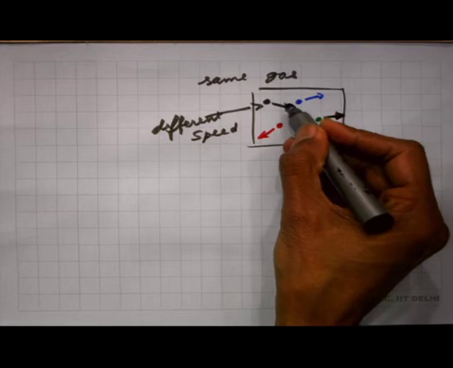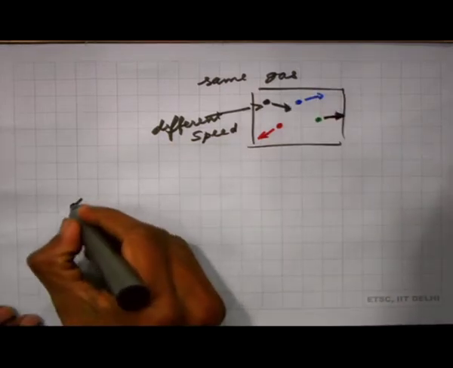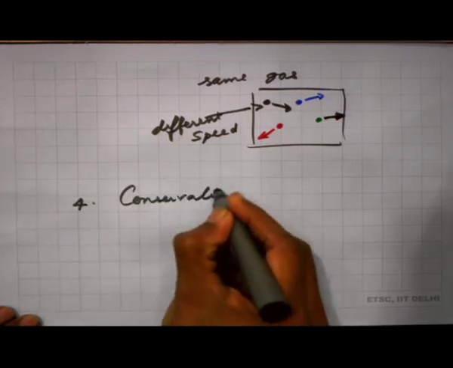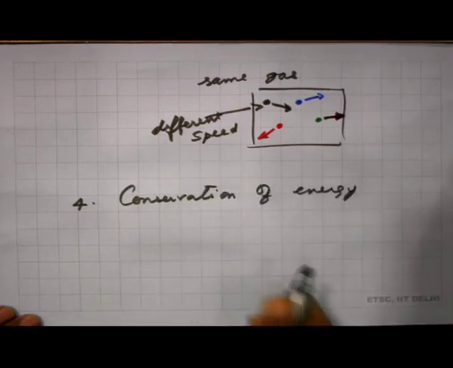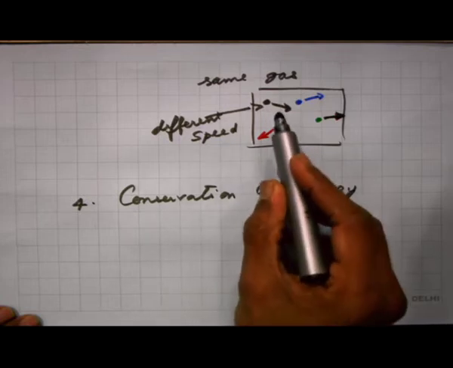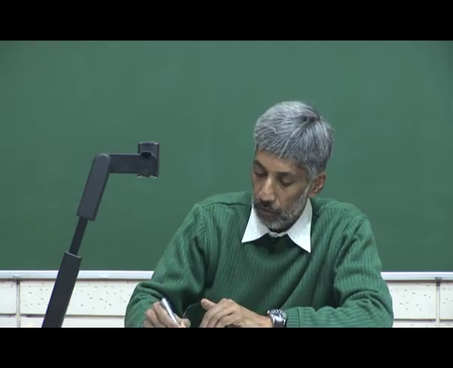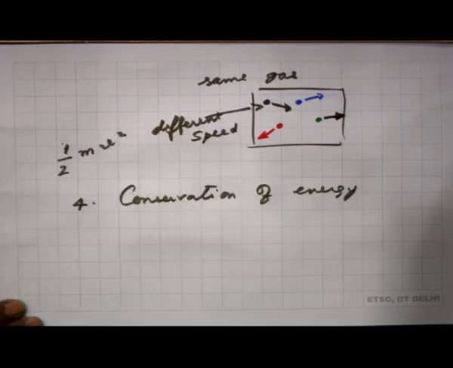And you will wonder, how does that happen? It happens because when it undergoes a collision, and this is part of the fourth thing, which says that there is conservation of energy. So, what this means is that when 2 molecules collide, so imagine that we know that the kinetic energy of a particle with mass m is given by half mv square.